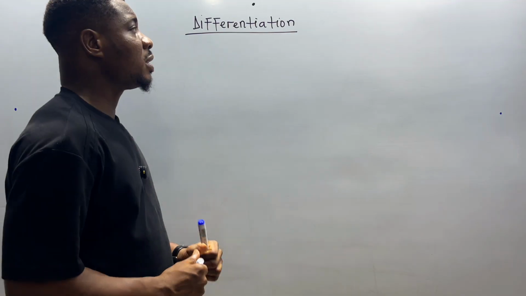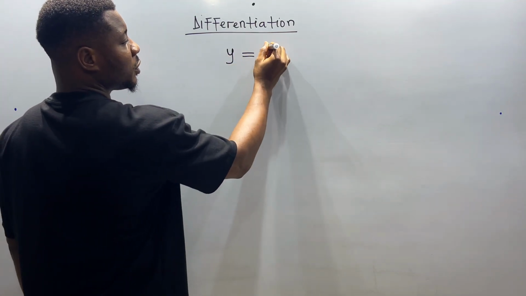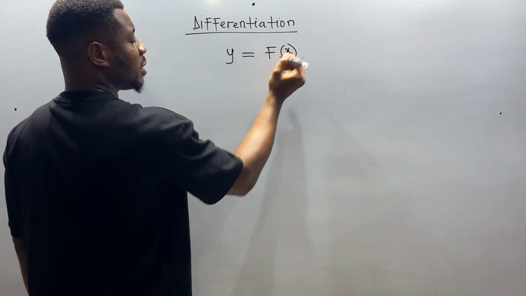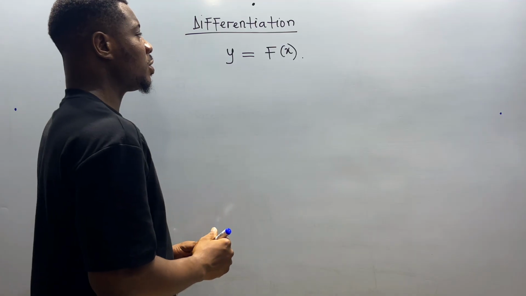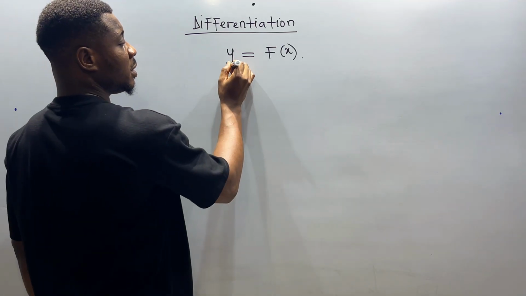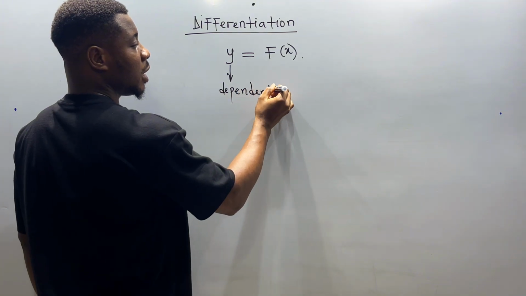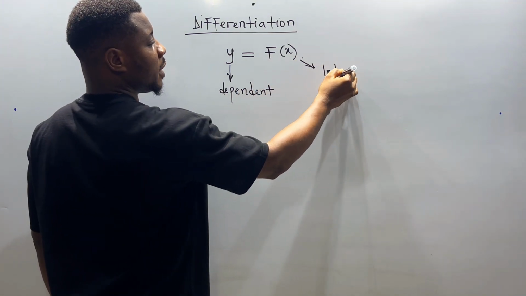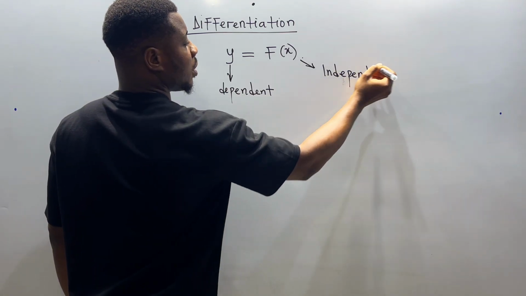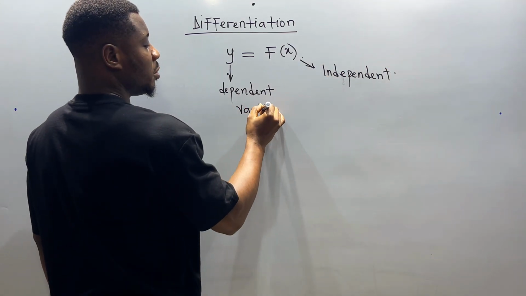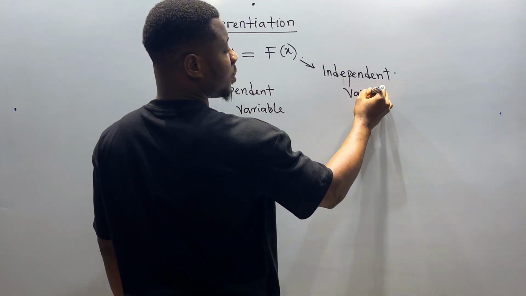For instance, let's say we have a function y equal to f of x. y is called the dependent variable, and x is called independent.